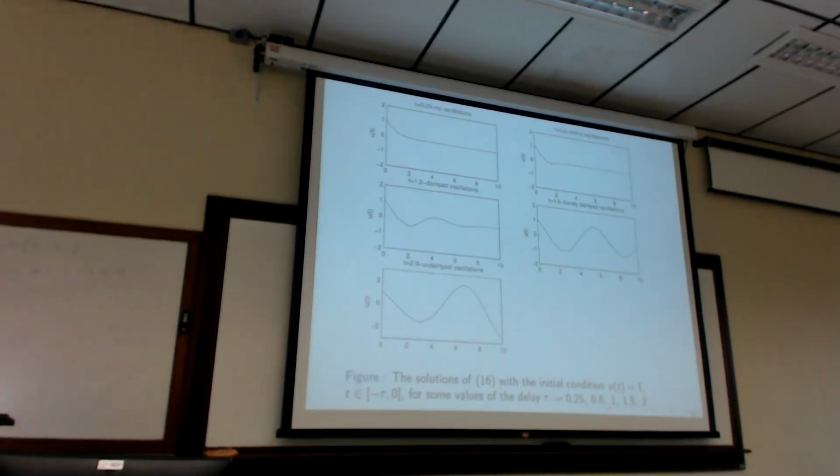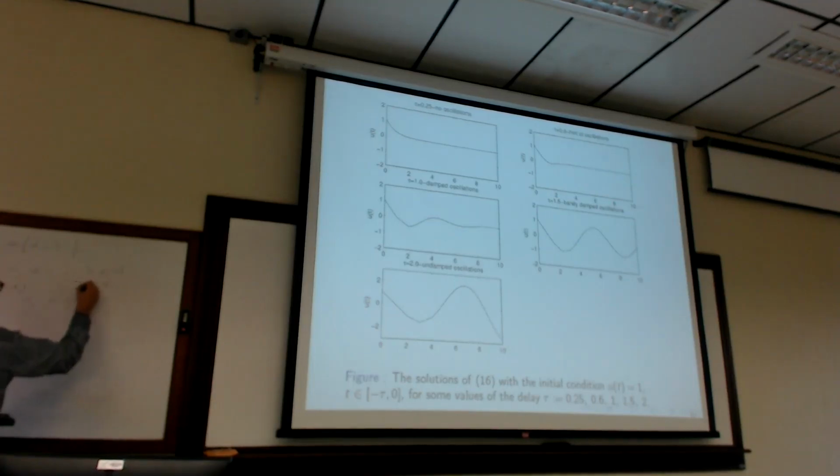Then if we put this here, we will have lambda exponential lambda t plus exponential lambda (t minus tau) equals 0. I can take out the exponential because it's positive, and u0 is real or complex, it's not important.